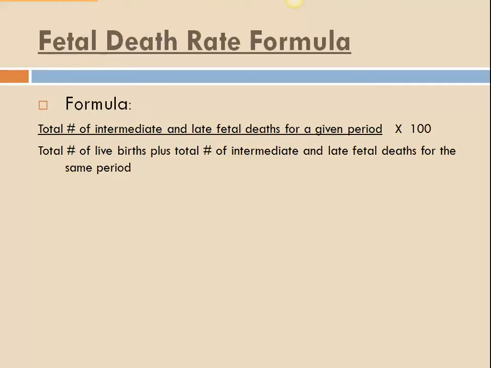Remember that we said that rates look at how many times something happened compared to how many times it could have happened. So looking at your numerator, how many intermediate and late fetal deaths occurred during a certain time frame, compared to your denominator, how many times could that have happened? How many live births were there? And then included in that live births, we have to include the number of intermediate and late fetal deaths to have a total number of how many times those fetal deaths could have actually occurred.